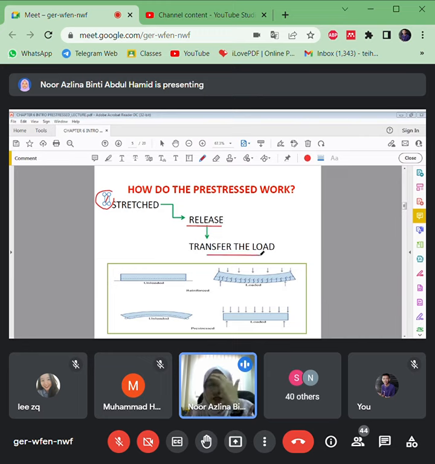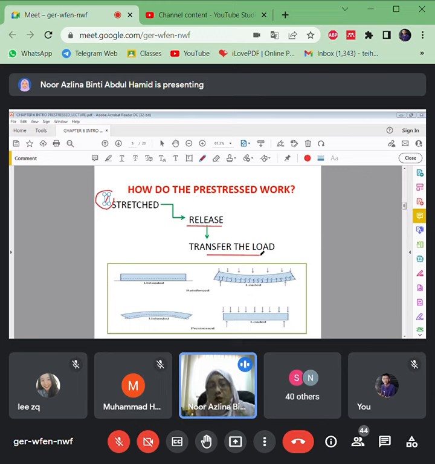So you can just imagine a rubber that we stretch to a certain length, a certain elongation, and then we release that rubber. That means we apply stress to the structure, we tighten the structure, we compress.